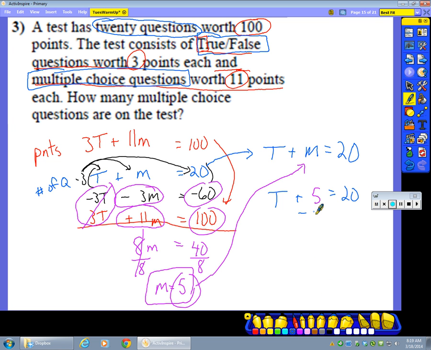And then I'll just solve this out, subtract 5 from both sides, and I've got t equals 15. So what this means is there's 15 true-false questions and 5 multiple choice questions.